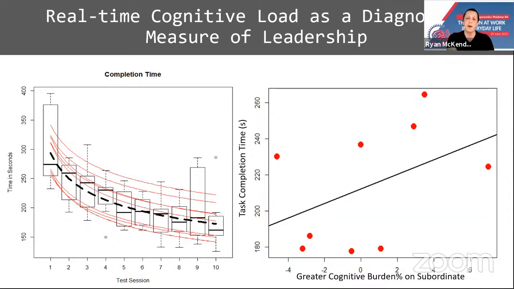And one of the things that we found that was really interesting is if the supervisor took on more of the brunt of the cognitive workload, the team overall was significantly faster. When the supervisor placed that additional cognitive workload on their subordinate, the team seemed to perform significantly slower.